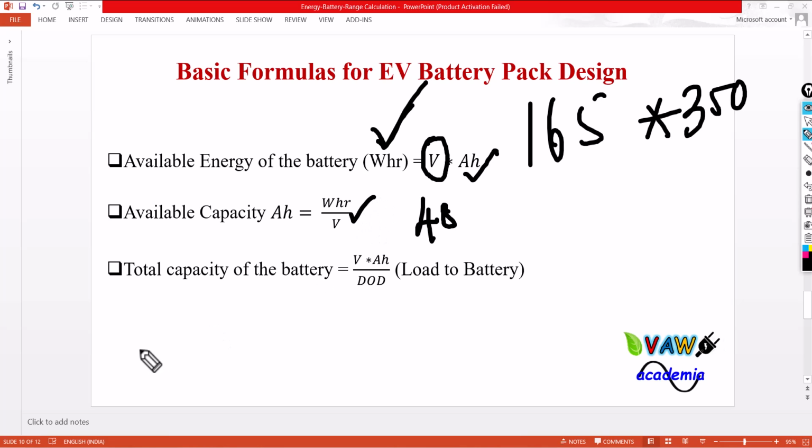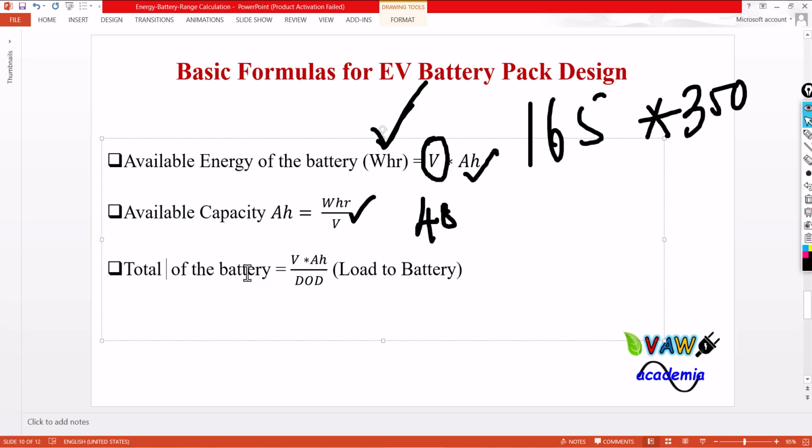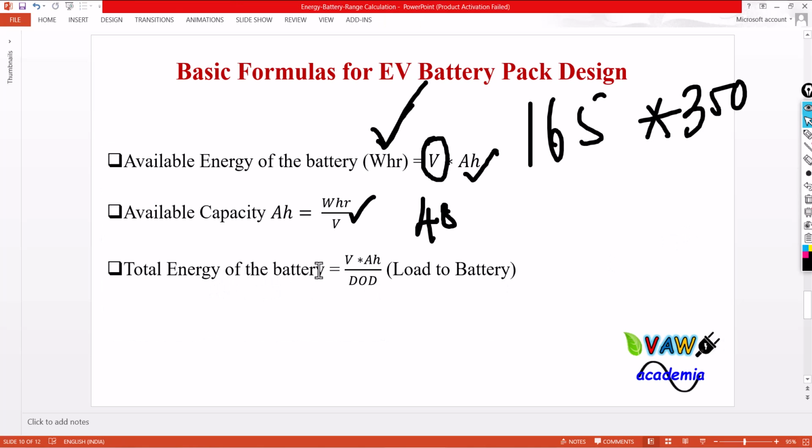See, this is the formula. Once it is calculated, then you can go for the total energy of the battery. It's not capacity, it's the energy of the battery. Total energy of the battery is voltage into ampere hour divided by depth of discharge. Depth of discharge is already given, it is 90%.